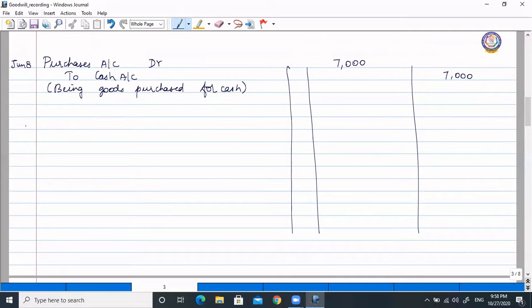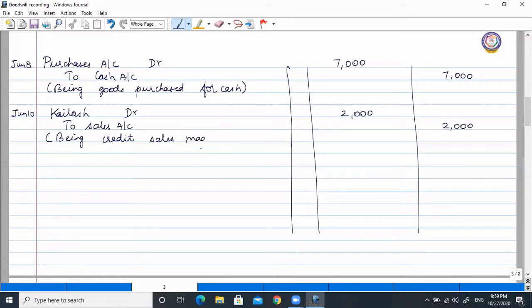Okay, so on June 10th, the debtor here is Kailash, so debit Kailash, and sales account is credited. Okay, the amount is 2,000. Being credit sales made.